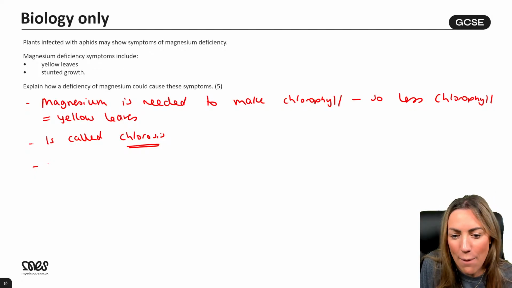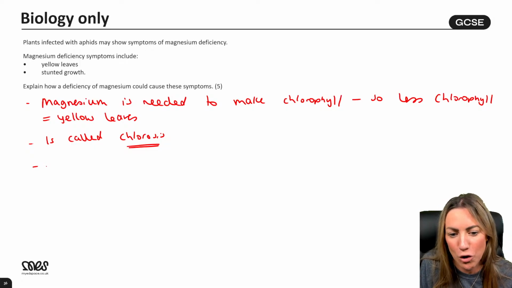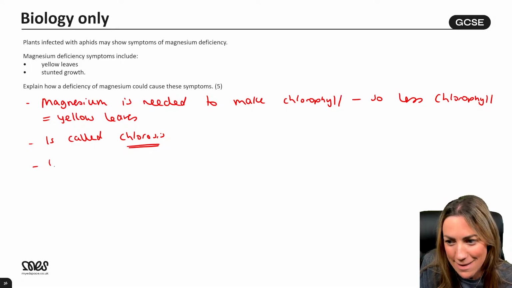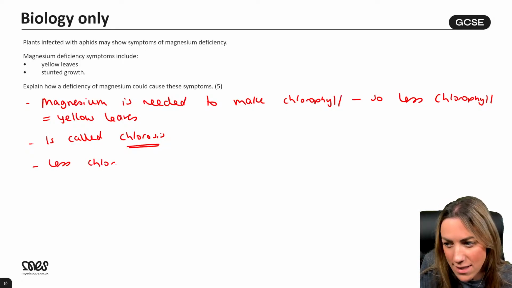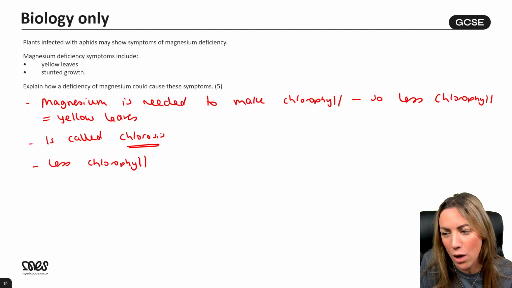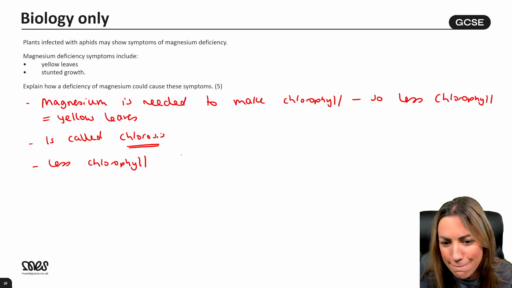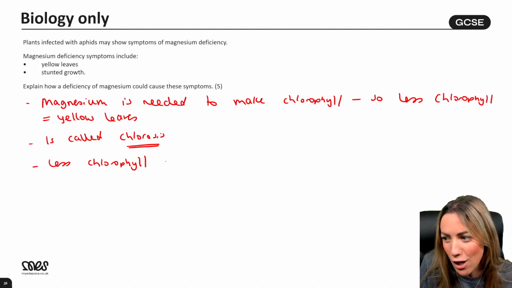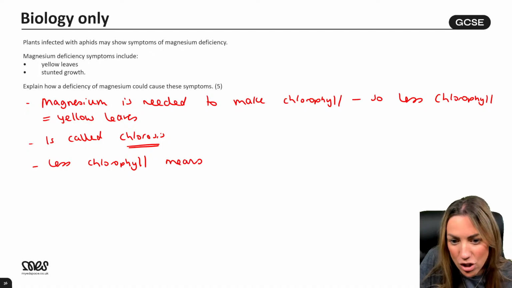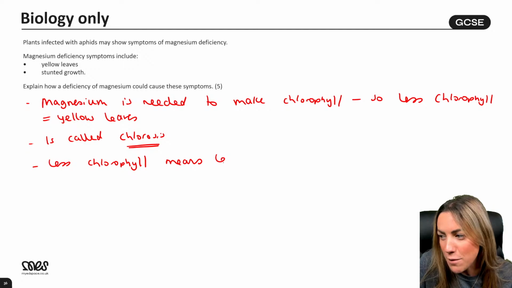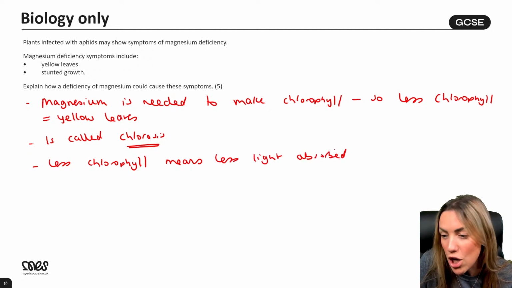Right. Can we explain it a little bit more before we say less photosynthesis? Come on, let's get all our steps. As soon as we see it's a 5 marker, we should be thinking this is really detailed. Less green means more yellow in it. Less chlorophyll means less light absorbed.